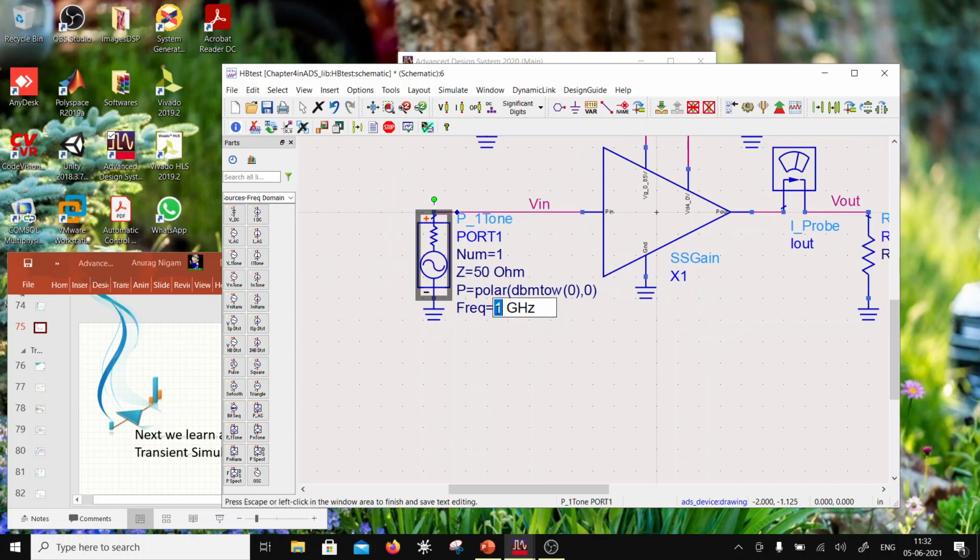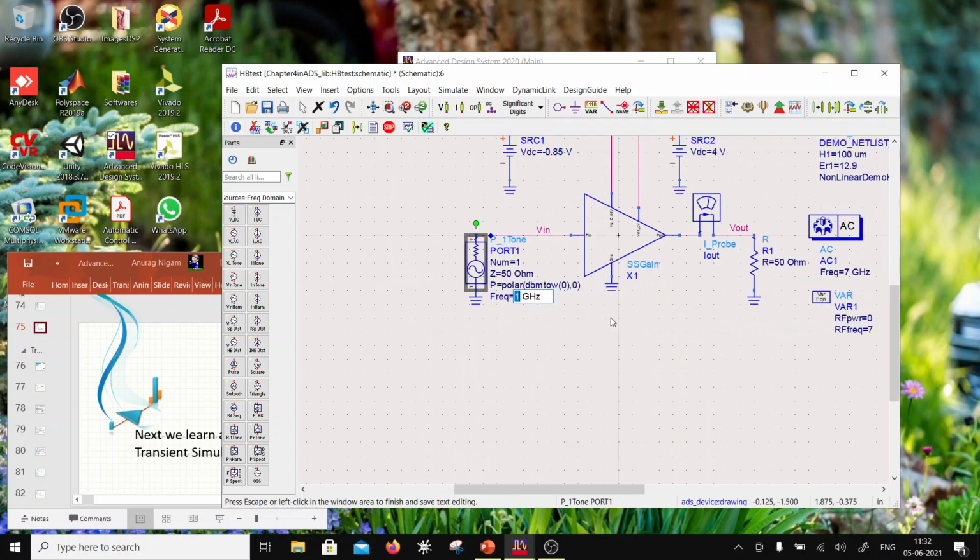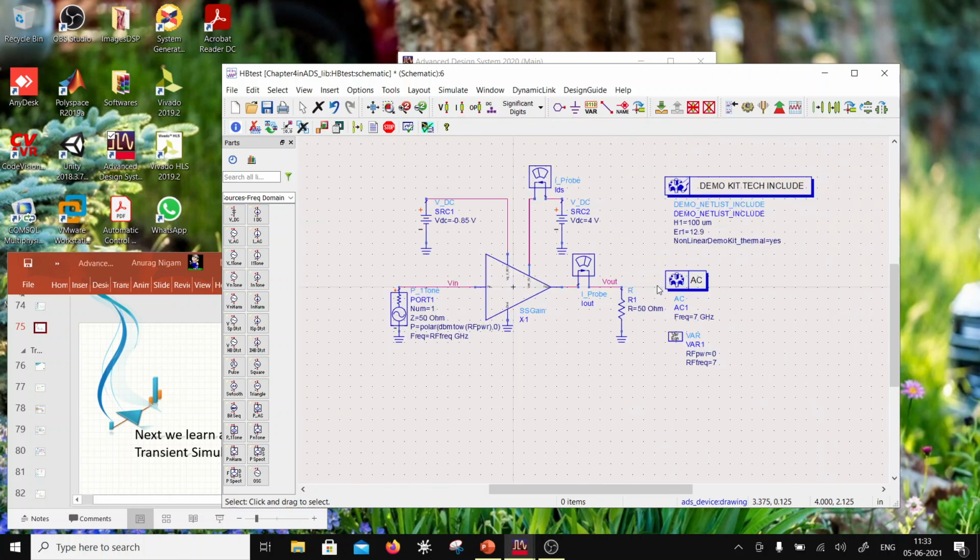So if this is a pure number, then you have to have a unit here. If you put units twice, twice as giga, then it will be 10 raised to 18, right? So you do not want that. And here I'll put RF power. Okay, so we are all done with this.